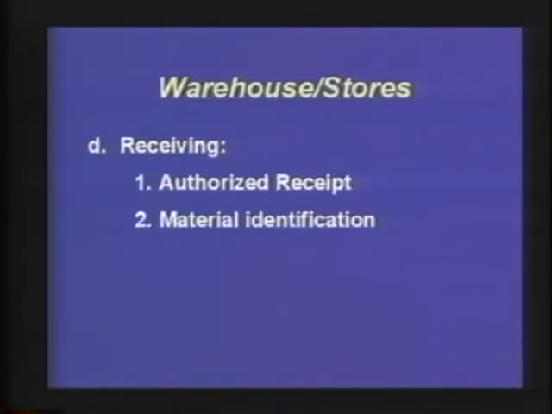The second step in a receiving activity is to identify material. And here we basically want to set up the disciplines of identifying material before it actually is put, let's say, into a storage bin location, or if it is for a planned maintenance work order, we want to identify it before it is actually placed in the area which is set aside for the planned maintenance work orders.